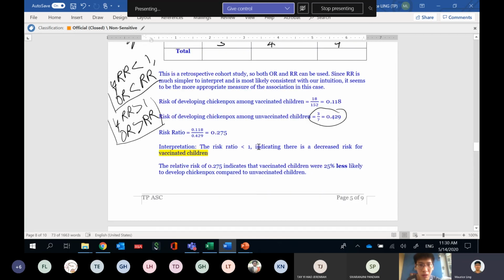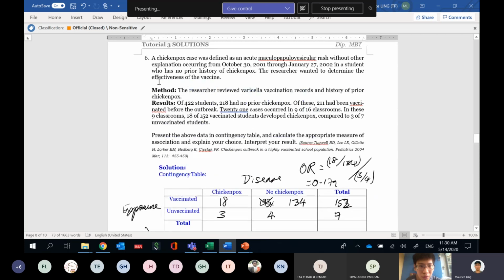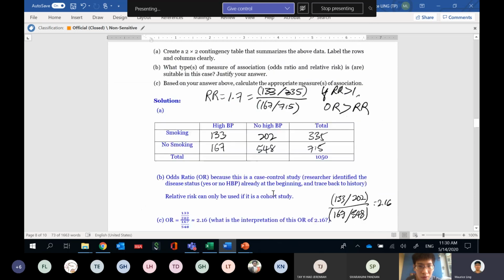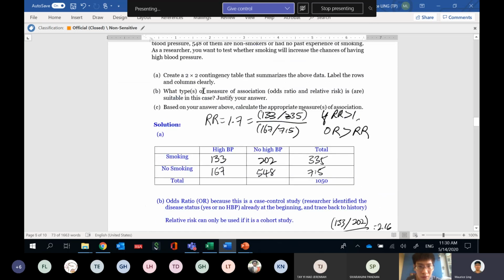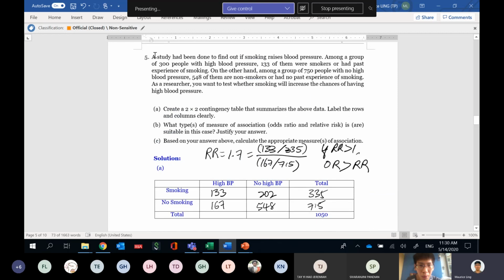So this has been my emphasis. How do you go from the text to the table? That's why we spend a fair bit of time. Once I know that you can go from the text into the 2 times 2 contingency table, I am quite sure that the relative risk or odds ratio, you'll almost get it right.